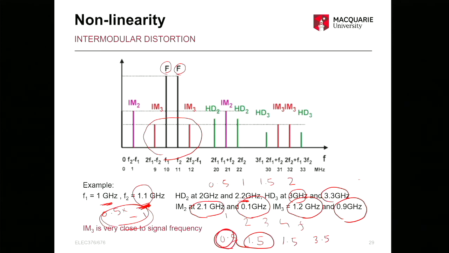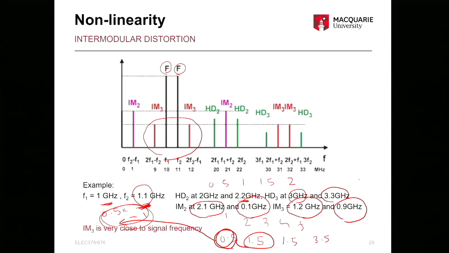This is an intermodulated 0.5 gigahertz, which is the same as your input, which you're expecting at the output. So whatever you do, you cannot take it away because it's coming in at exactly the same frequency. So you just have to live with that. Will it be with more distortion? It will cause the same amount of distortion, but it will make it very difficult to remove it in the output.